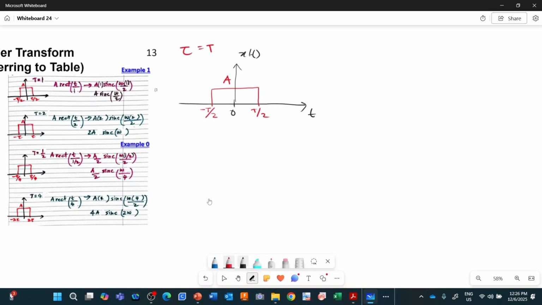If you have a rectangular pulse, T over tau, you will get A T sinc(omega T tau over 2). So basically this is the Fourier transform.